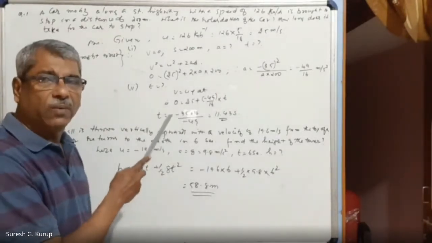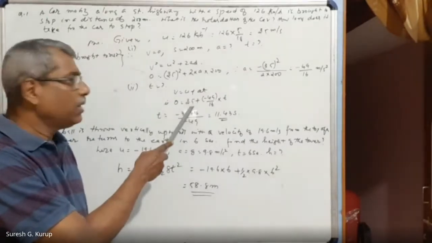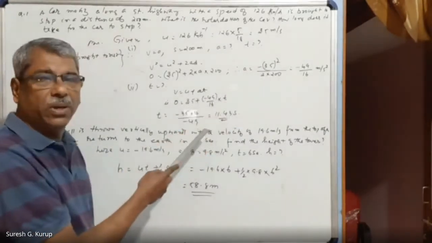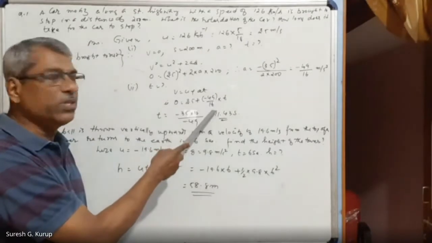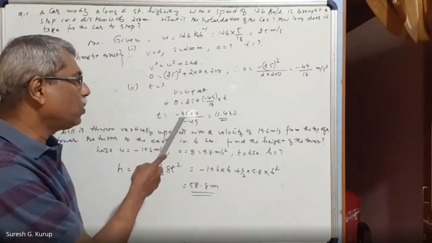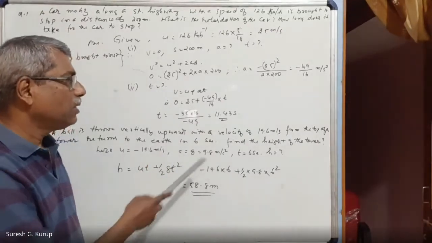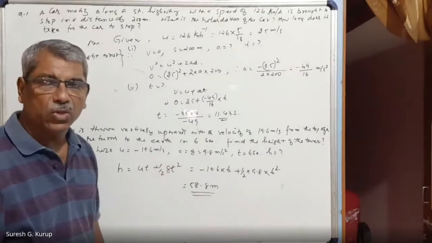V means final velocity, that is equal to 0. Initial velocity is 35, and the acceleration of the body is minus 49 by 16, into t. So t can be calculated. T is equal to minus 35 into 16 divided by minus 49, which is 11.43 seconds.